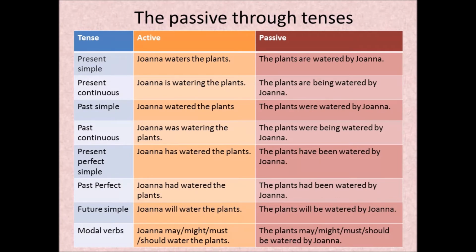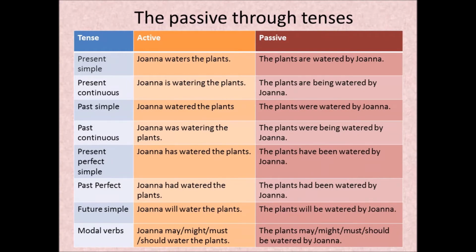For example, Joanna waters the plants. Then in passive it is: The plants are watered by Joanna. So that means the plants are more important than who's doing the action. Let's take a look together.